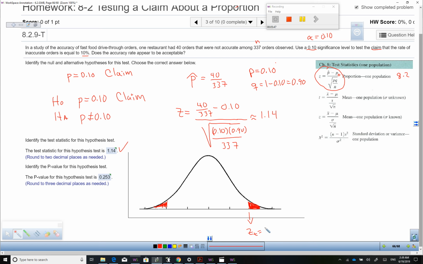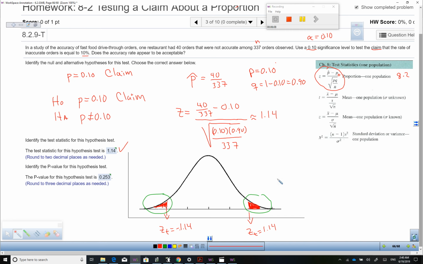It is 1.14. On this side will be negative 1.14. Okay, so the p-value is the sum of these areas right here. That's the p-value.